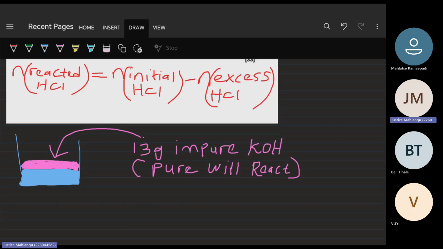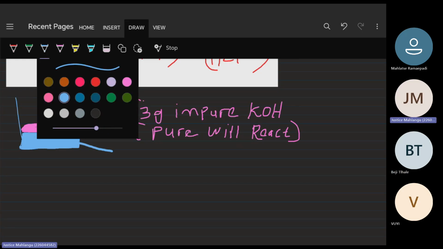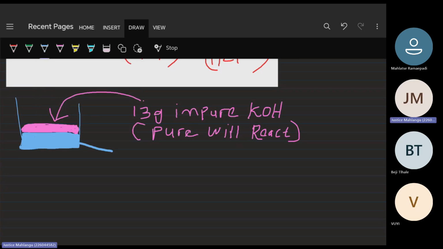So this beaker has the volume. Are you still seeing the screen? Yes, sir. Okay, so I can just continue. Now, this is what is happening here. This beaker has 200 cubic centimeter.